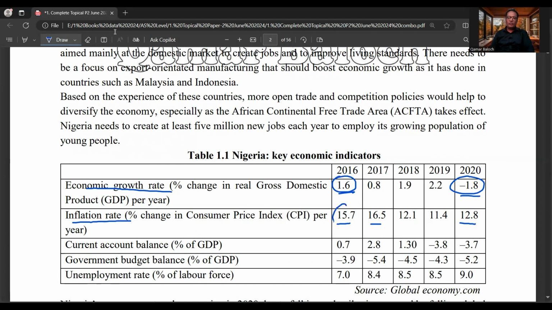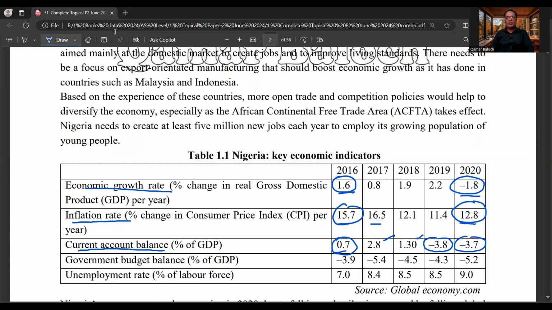So inflation rate is eventually increasing and it reached the peak point, 12.8, in 2020. The current account balance is 0.7 in 2016. 0.7 is a positive value, so it is a surplus. Then the surplus decreased again from 2.8 to 1.3, and then it moved to deficit, and again it is in deficit, but the deficit decreased in 2020 as compared to 2019.